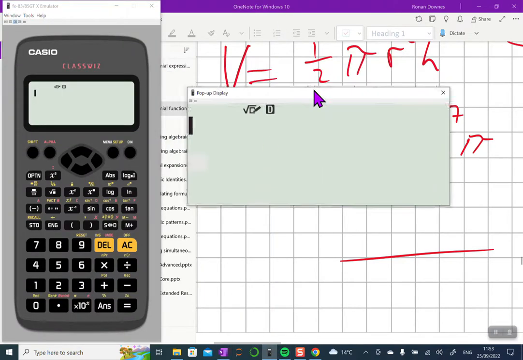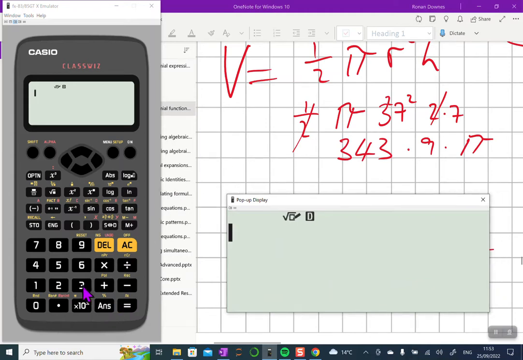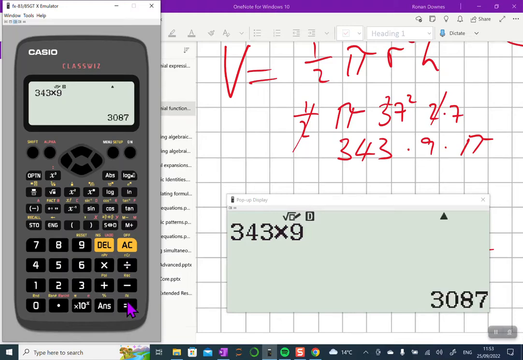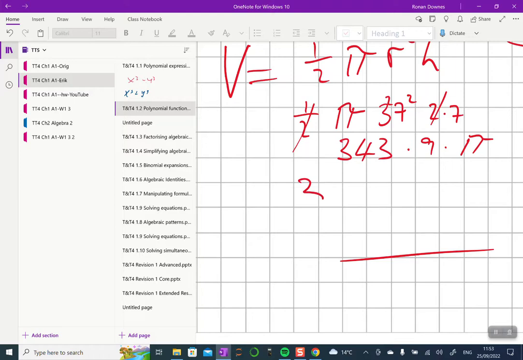No, it's probably in terms of pi, so all we're doing is multiplying 343 by 9. Now, some of you will have that done in your head, no bother. 3087. Now, I should have done this. 343 by 9. You see if the carry, and I don't like carrying.